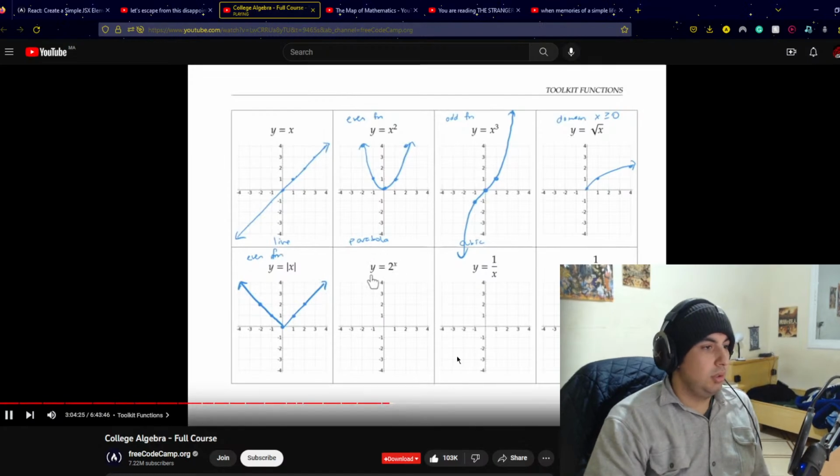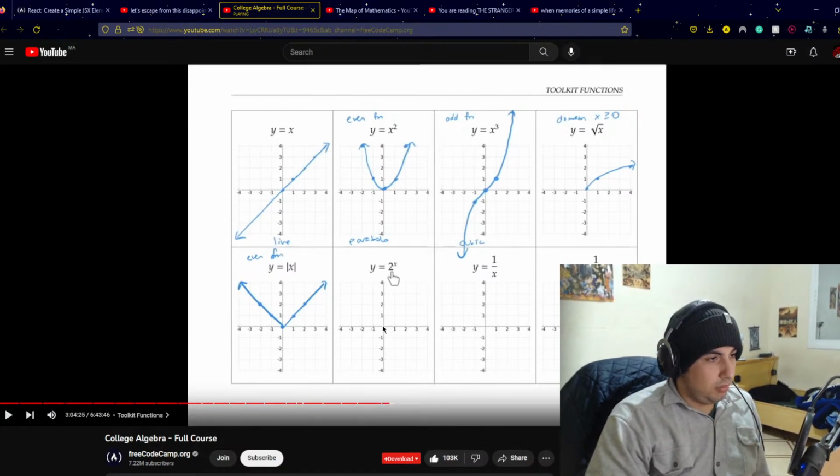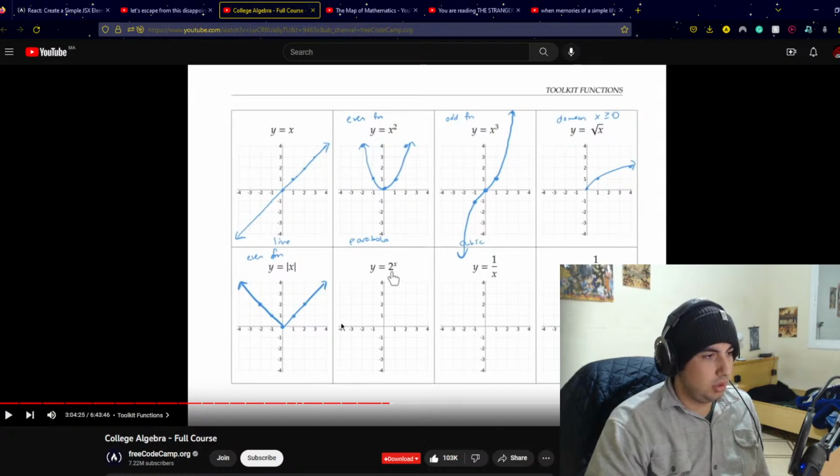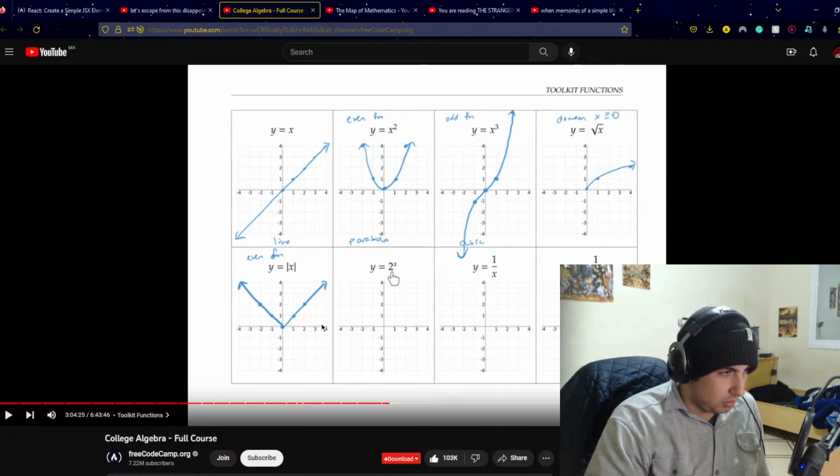Y equals 2 to the x. The negative values are going to be coming from as close to 0 as possible. So half, 0, 1.